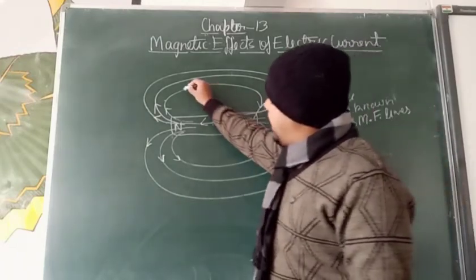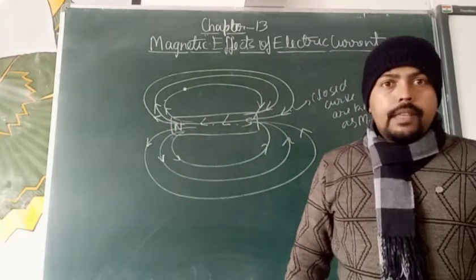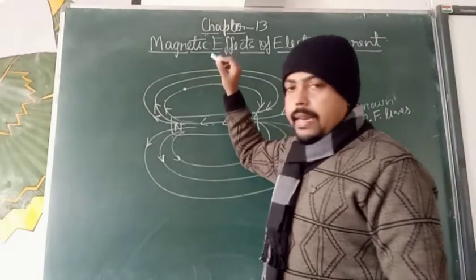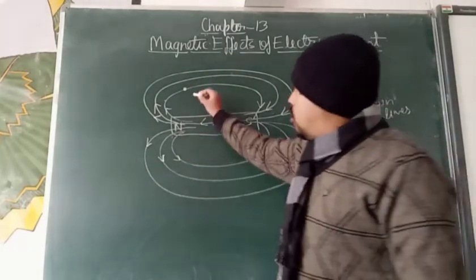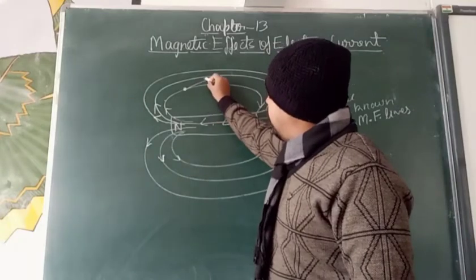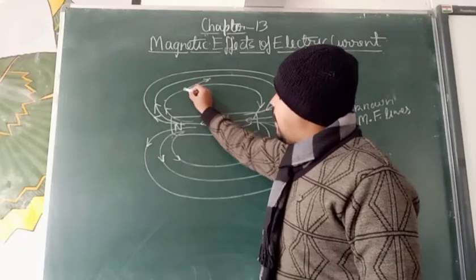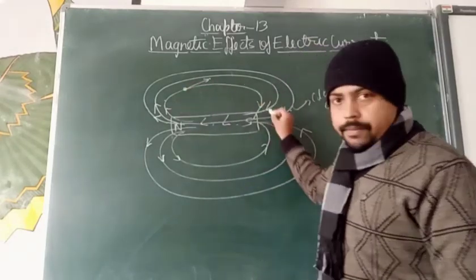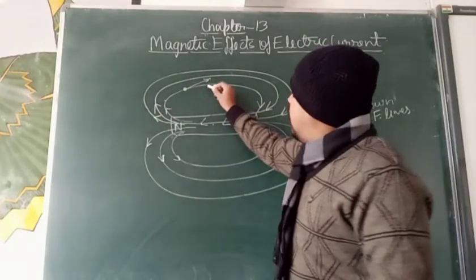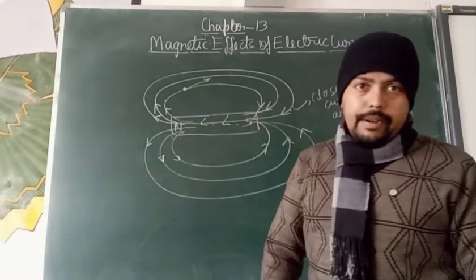So if I take any point on that curve, any point on a magnetic field line, and draw the tangent at that point, then this tangent at that point on any of the curves will give the direction of that magnetic field.